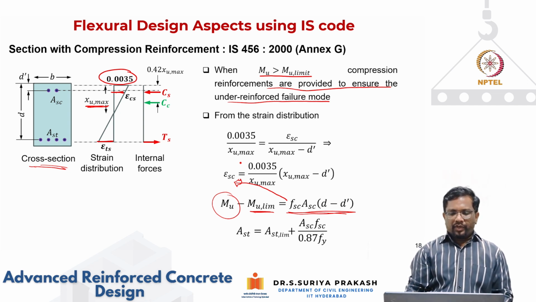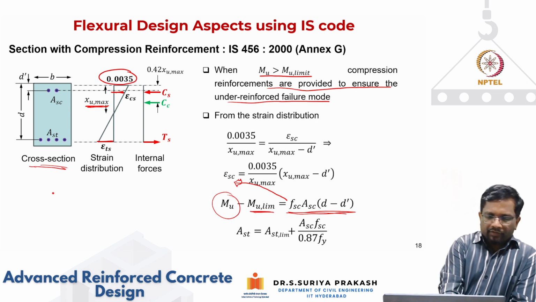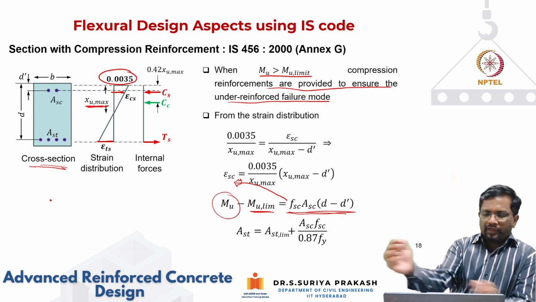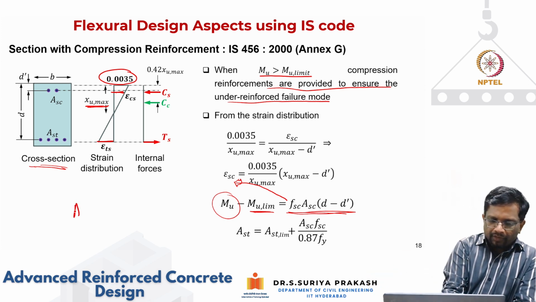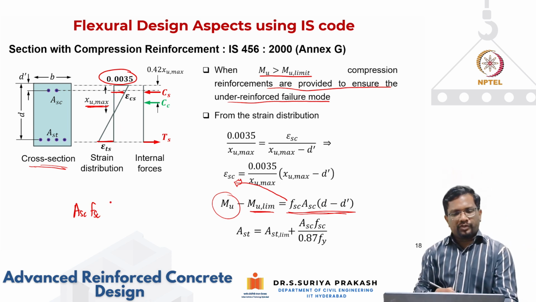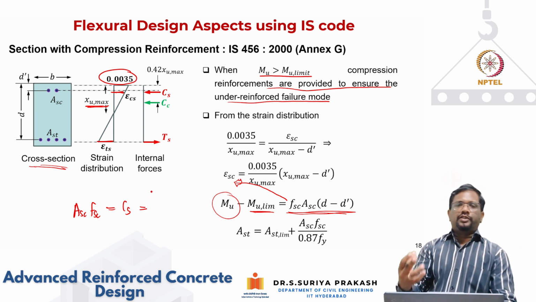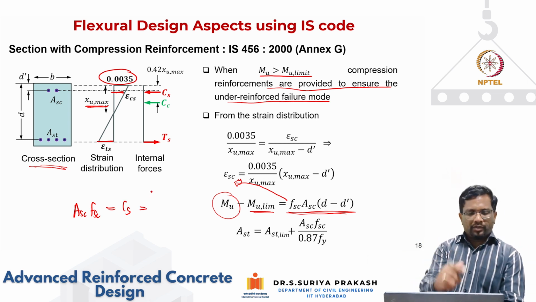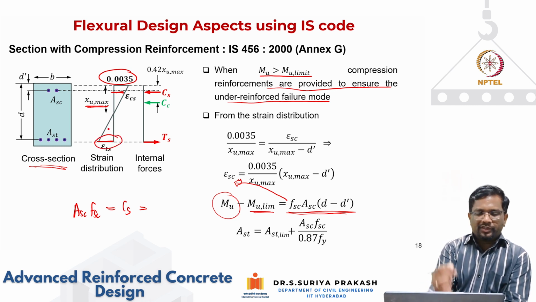Okay, so once it is known, then we can calculate it. The additional steel that I am providing is nothing but Asc multiplied by fsc, which is the compression force that we are getting, which is your Cs. This should be equal to the additional steel that I should provide on the tension side. Now that I have kept this at xu max, the steel is going to reach yielding strength.